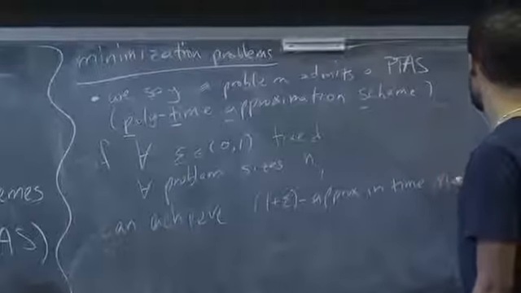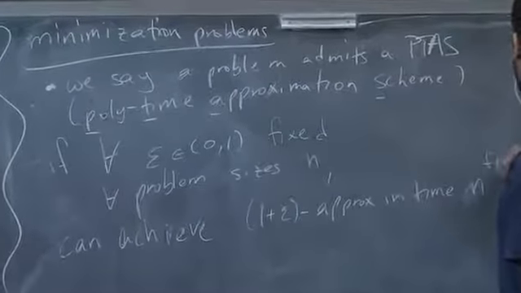We write it as n to the f of 1 over epsilon.